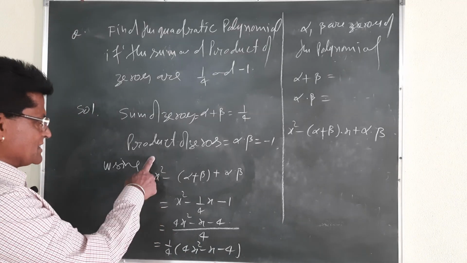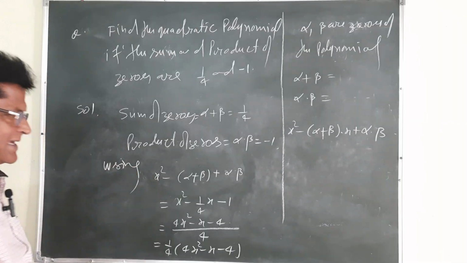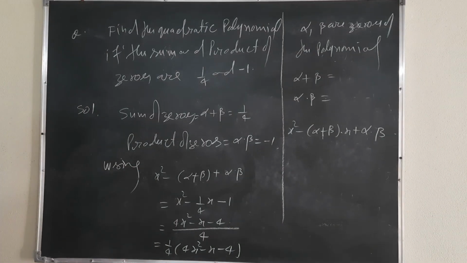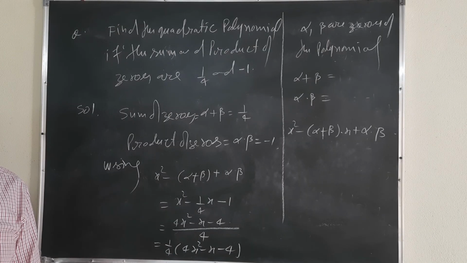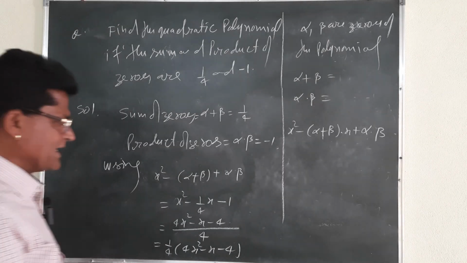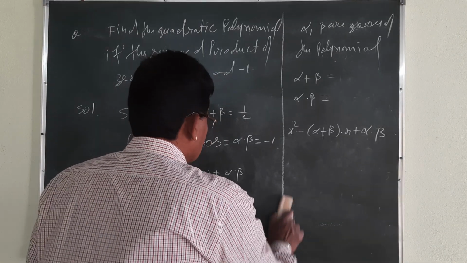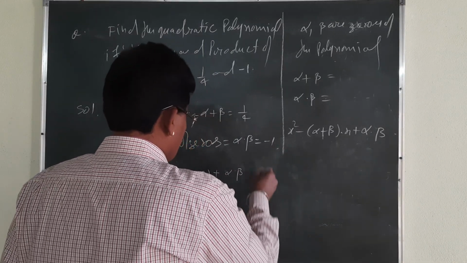But as I told you, this may be the multiplication by k, where k is a real number, and the value of k here is 1 by 4. And what is the required quadratic polynomial?